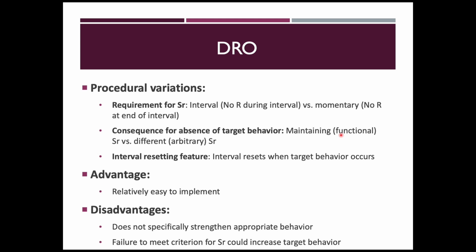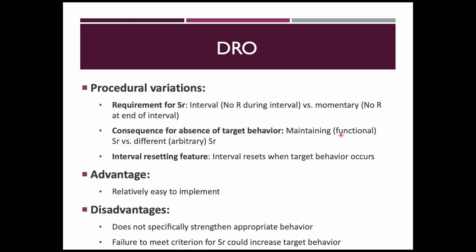So in other words, I set up my DRO for let's just say this time I'm going to use a variable interval, 5 minutes. And on some variable schedule, if problem behavior doesn't occur, I could deliver the functional reinforcer. If problem behavior is maintained by attention, at the end of the interval, I will deliver attention. If problem behavior is maintained by escape, at the end of the interval, I will deliver escape. So that would be delivery of the functional reinforcer.